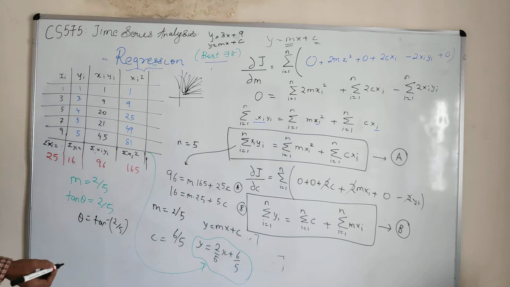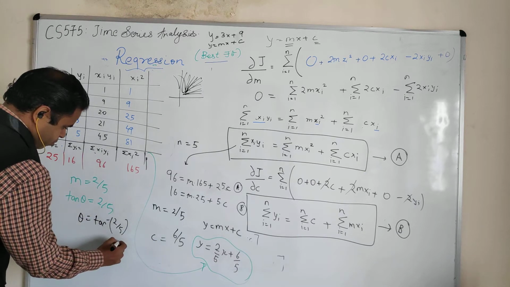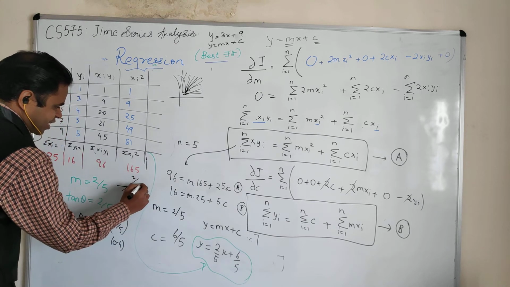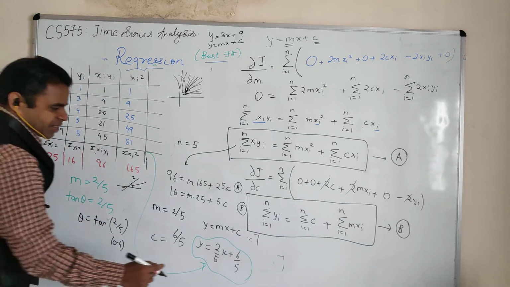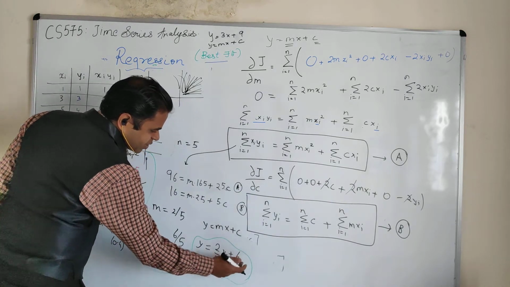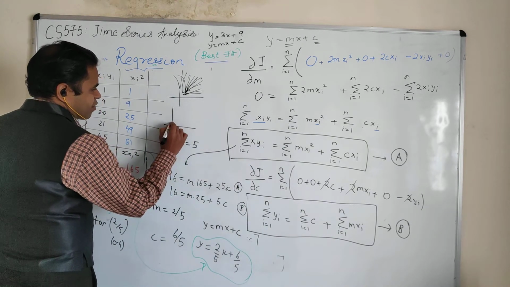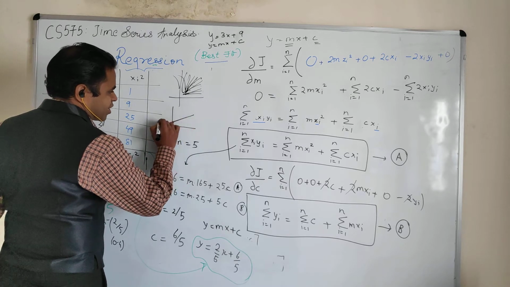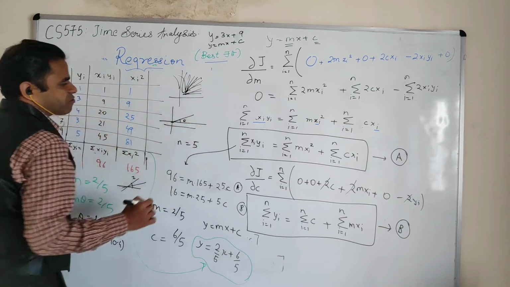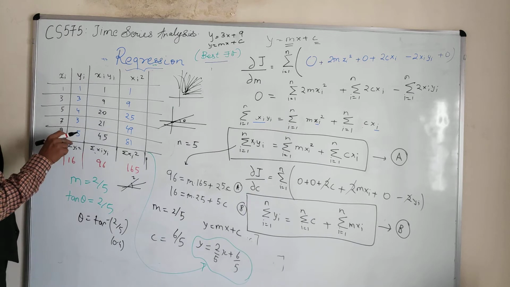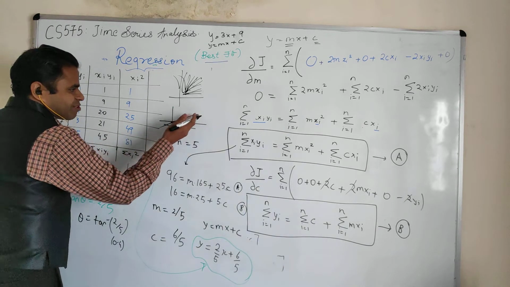This value is 0.4, and we know that tan 45 is 1, so this value is less than 1, so the angle is less than 45. And 6 by 5 is 1.2, so this particular line will have an intercept of 1.2 and an angle less than 45. So somehow this particular line will be of this sort. For the given data (1,1), (3,3), (5,4), (7,3), (9,5), this will be the line of regression.